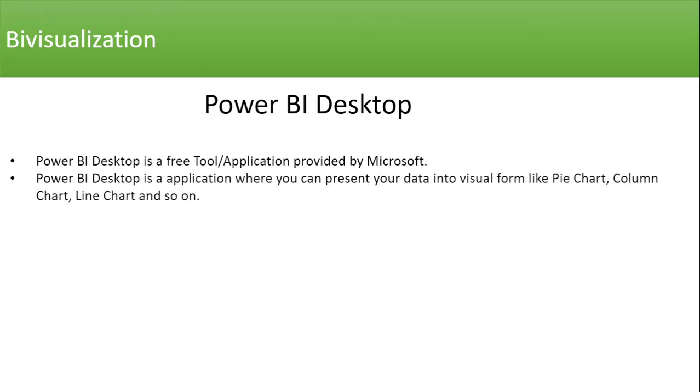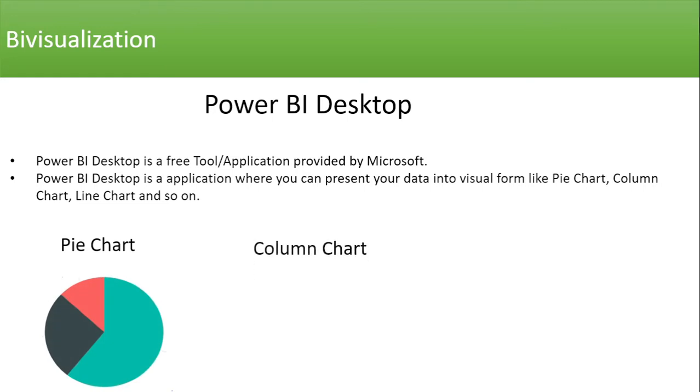Power BI Desktop is an application where you can represent your data in visual form like pie chart, column chart, line chart, and so on. So Power BI Desktop has many visuals. If you are talking about a pie chart, a pie chart looks like this.